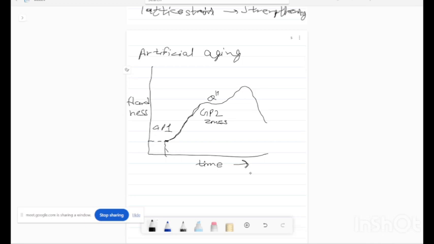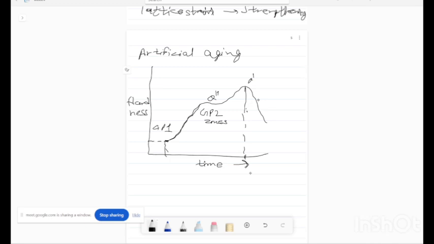Next, precipitate will form as the theta prime, that has the maximum hardness of the alloy. Means up to this time, if we age the alloy at a certain temperature, then peak hardness will be achieved.